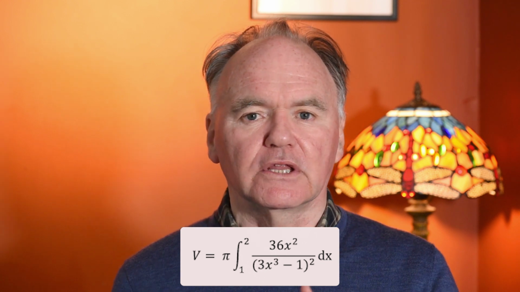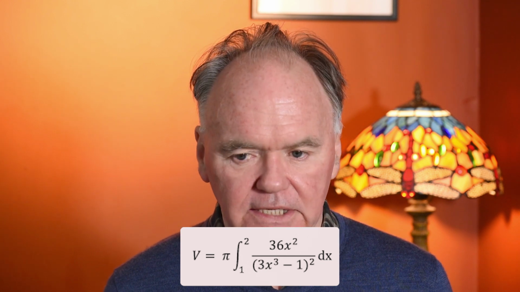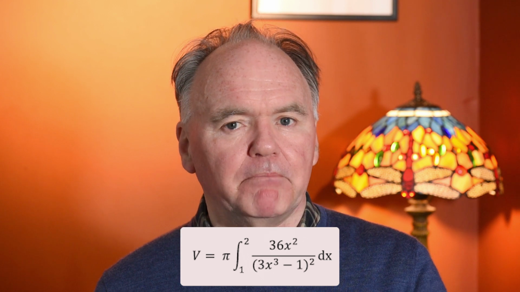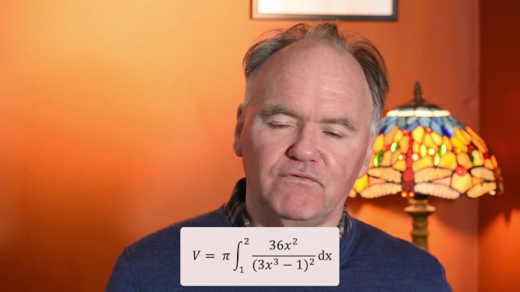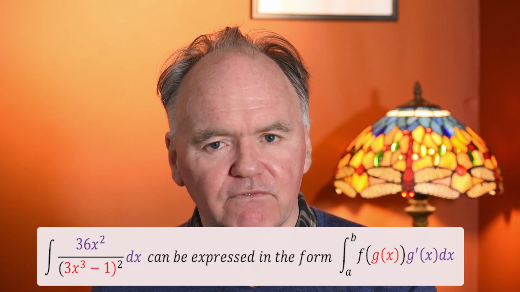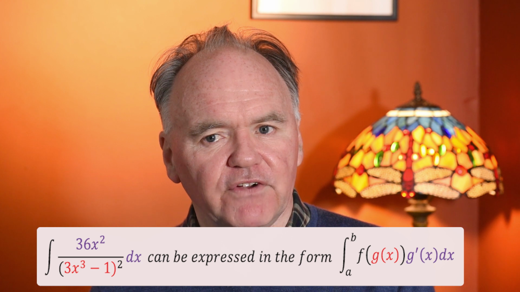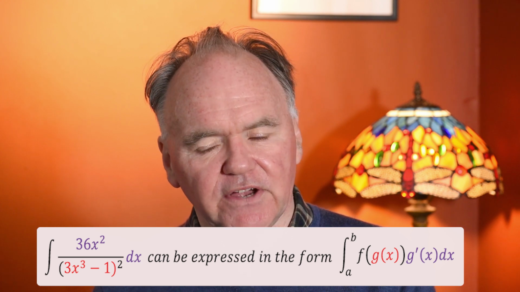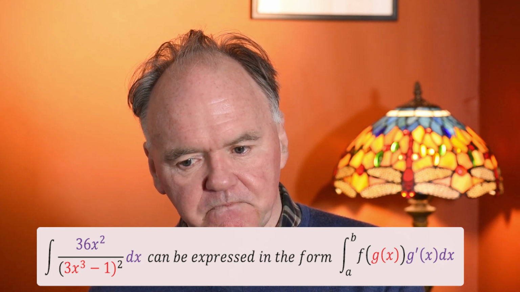Now that looks like a difficult thing to integrate. But by virtue of squaring our initial function, we find our squared function in a convenient form. It is in the form f of g of x times g dash of x times dx.